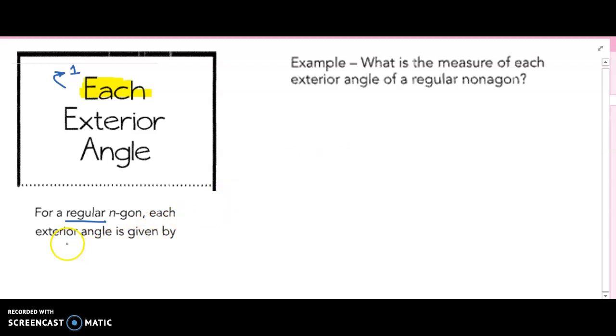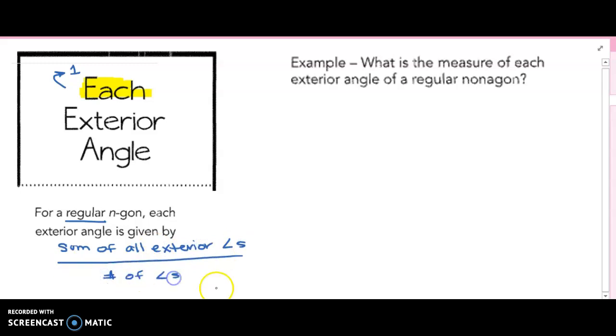So to find the measure of 1, we would just take the sum of all exterior angles divided by the total number of angles. Okay, well, let's simplify this. The sum of all exterior angles, as we learned under the last flap, is just 360 degrees, divided by the number of angles, well, that's just our n, and this would be the formula we'd use.